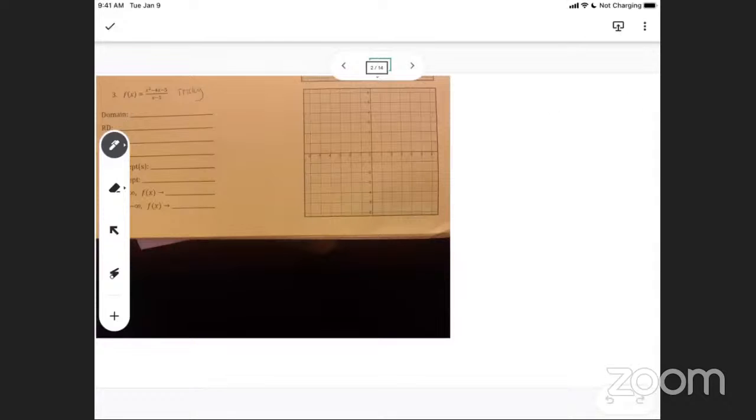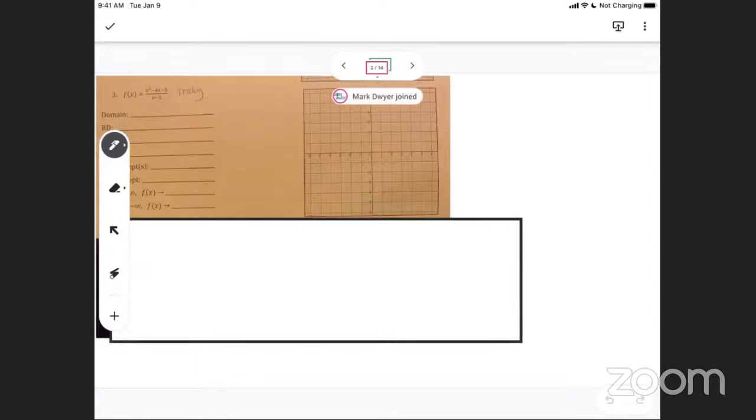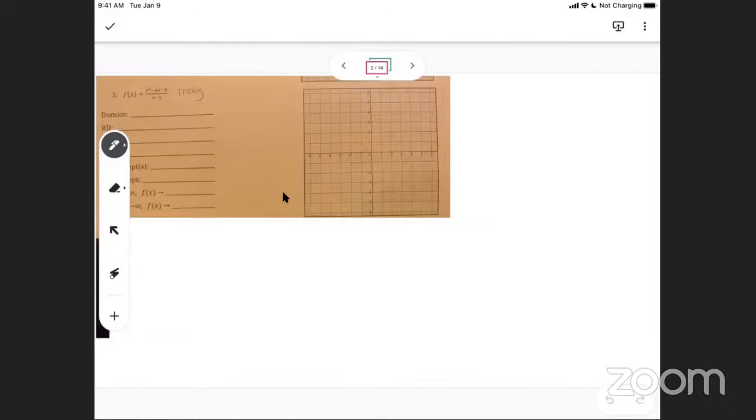So anyway, all right. So we're talking about rational functions today. I'm going to go ahead and clean this up just a little bit on my computer, so it's easier for us, we have more room to work with here. Okay.